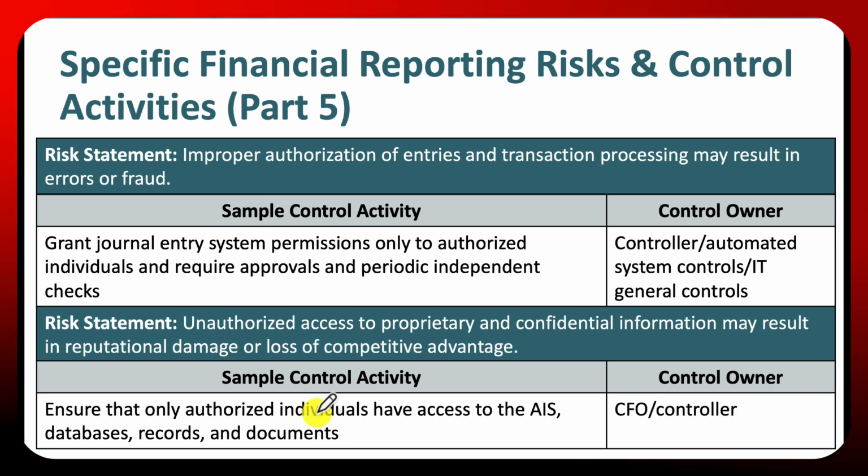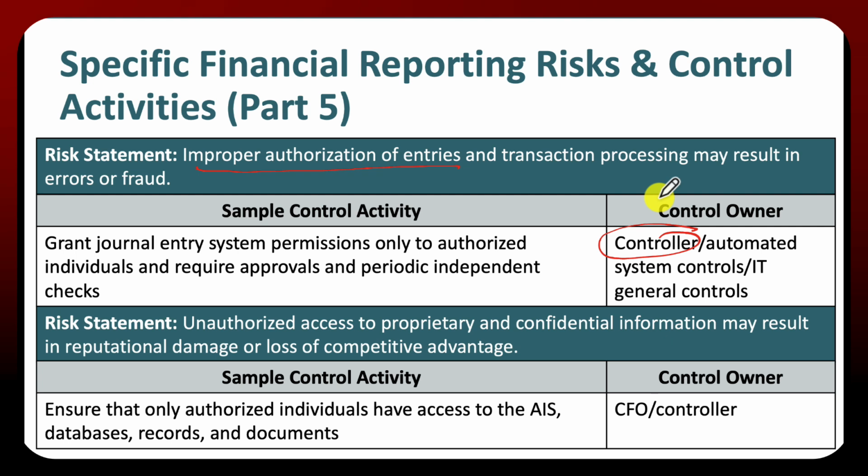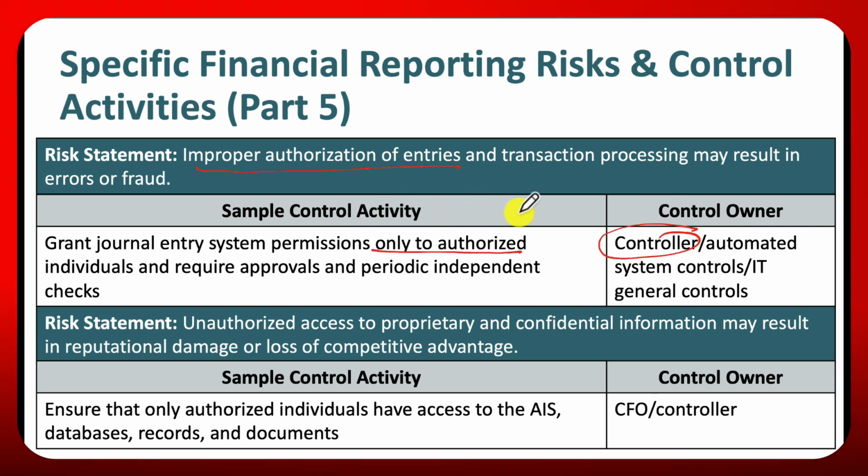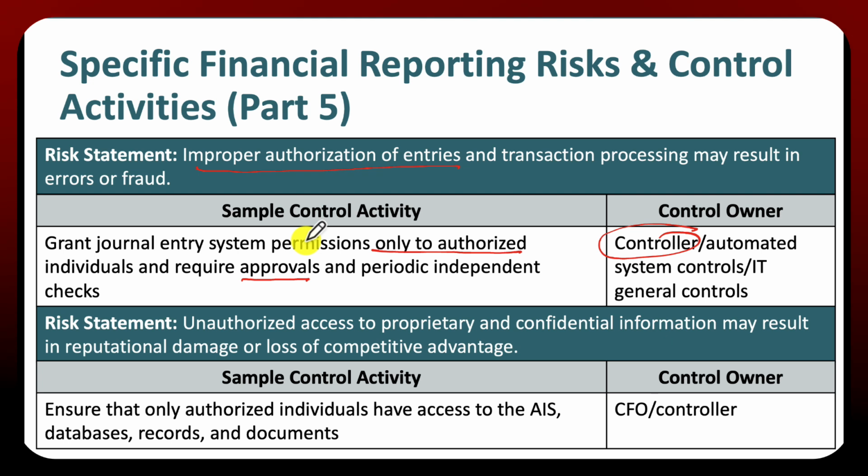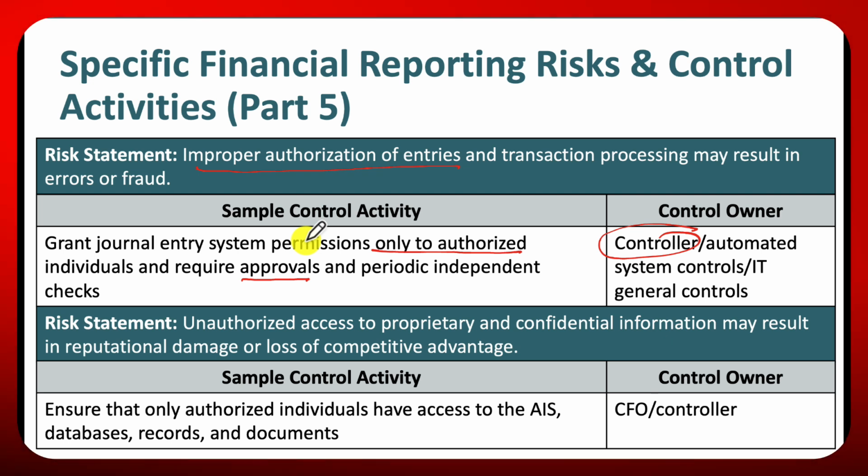We might also run the risk of, again, improper authorization of entries and transactions that could result in errors or fraud. So here again, the controller might grant journal entry system permission, again, only to authorized individuals, and that would require approvals and possibly periodic independent checks.